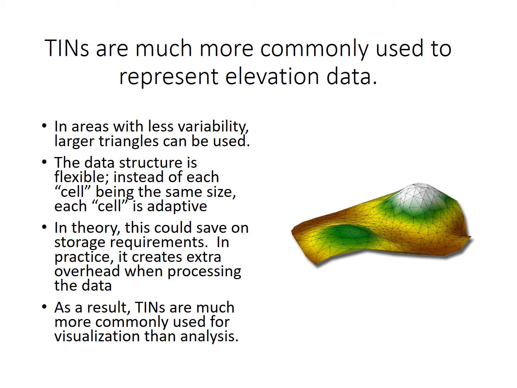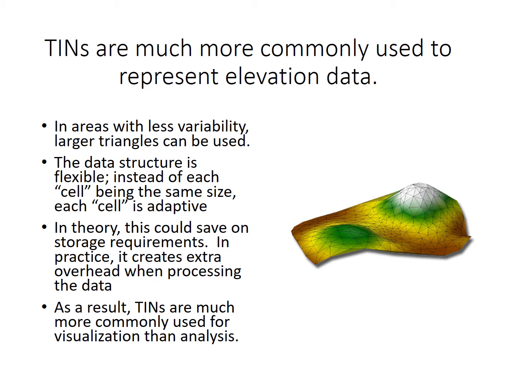What you can do is use larger triangles in places where the landscape doesn't change very much, and in places where the landscape does change, you can use smaller triangles to keep high fidelity between the tin and the elevation. The idea behind tins was that it was supposed to save storage space.